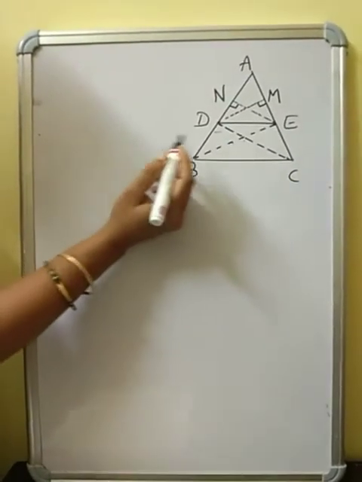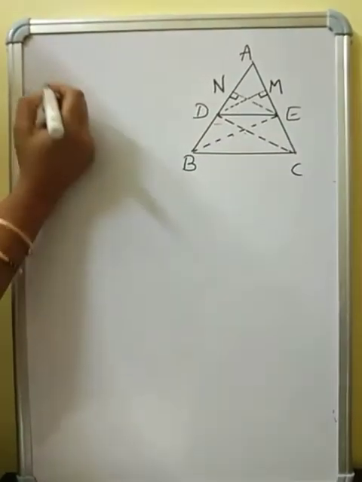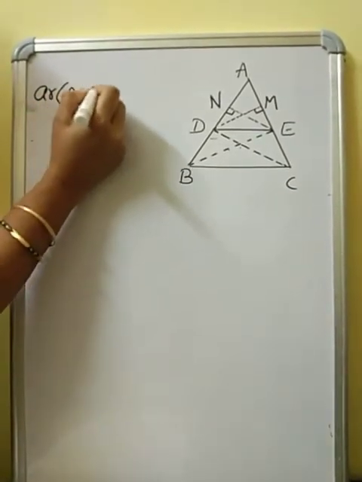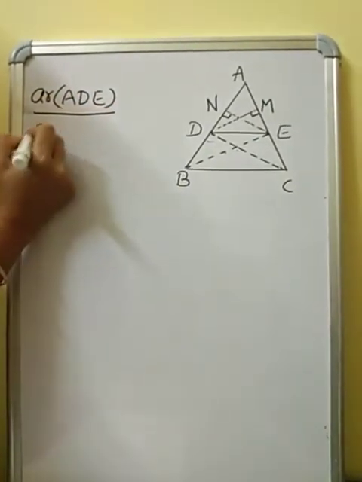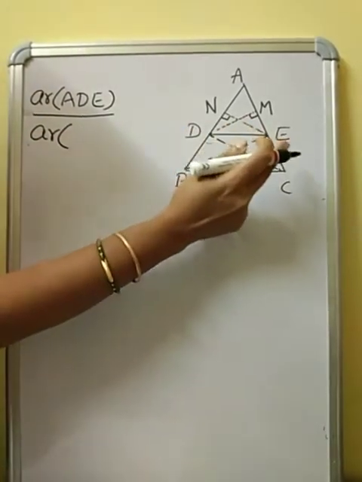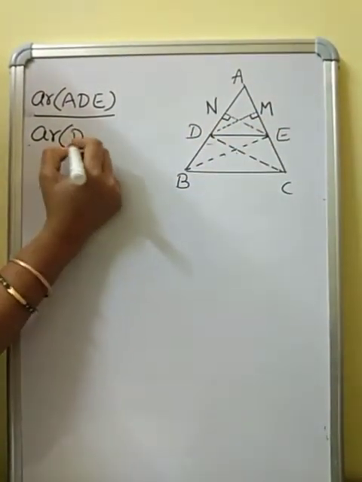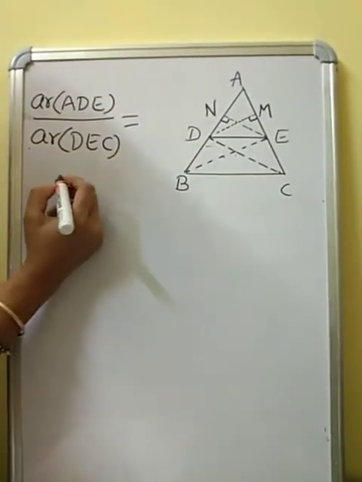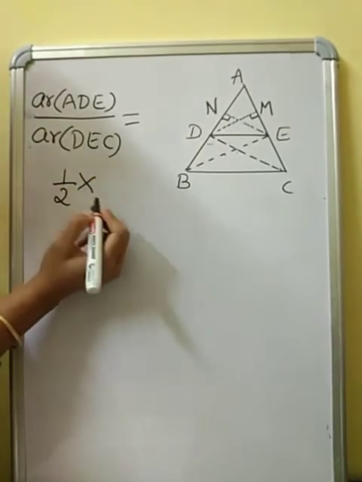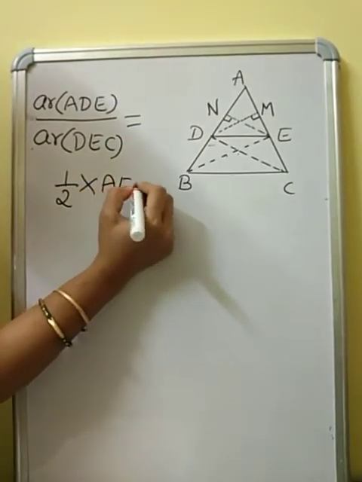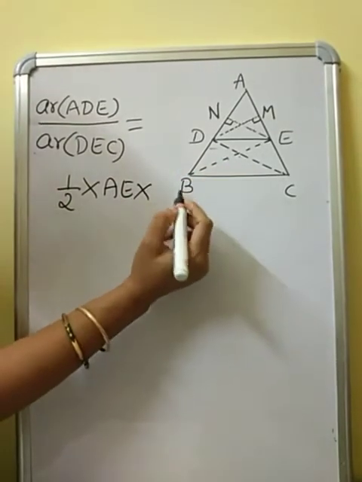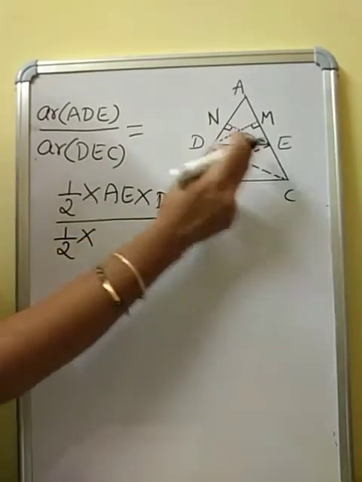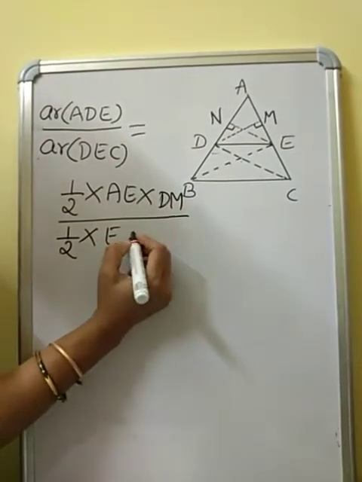Now I am going to take the next set of triangles, that is area of ADE upon area of DEC. DEC is equal to, here there is no space, so I am going to write it here, half into base into height, that is AE into DM upon half into, now which are the common terms here?